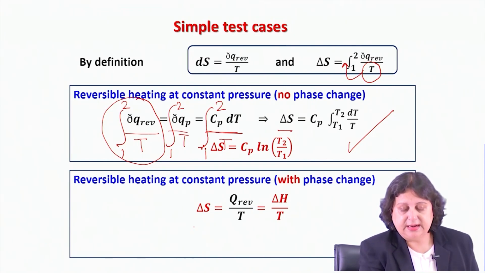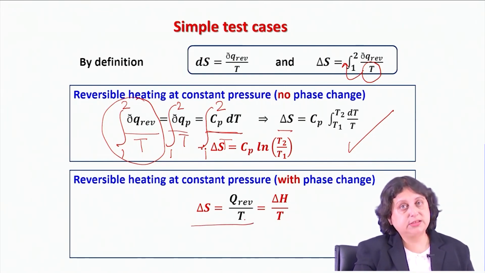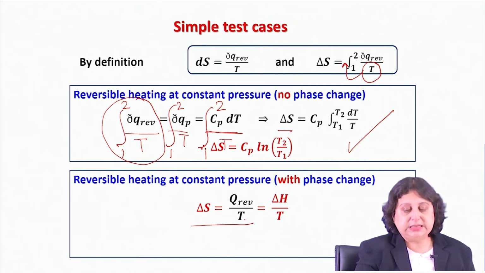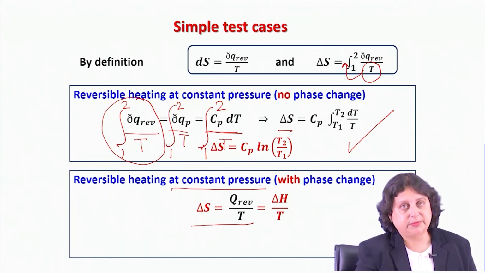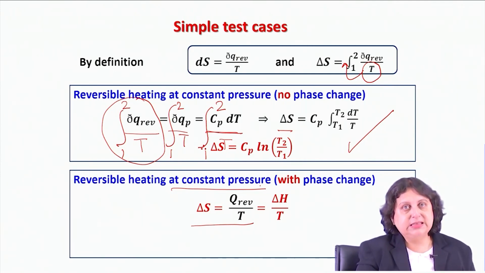So once again, delta S turns out to be Q rev by T. So what is Q rev? That is the total amount of heat exchanged during this reversible heating at constant pressure. And therefore, this must be equal to the change in enthalpy during the phase transition. Therefore, delta S is given by delta H for the phase transition divided by the temperature at which the transition is taking place.